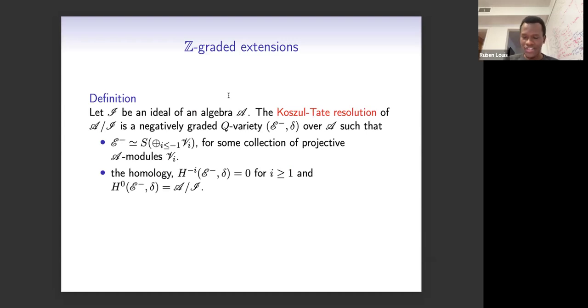If I is an ideal of an algebra A, a Koszul-Tate resolution of the quotient is a negatively graded variety. It is a very algebraic version of that. So this A_minus is a symmetric algebra of some homogeneous V_i. Those V_i are negatively graded.